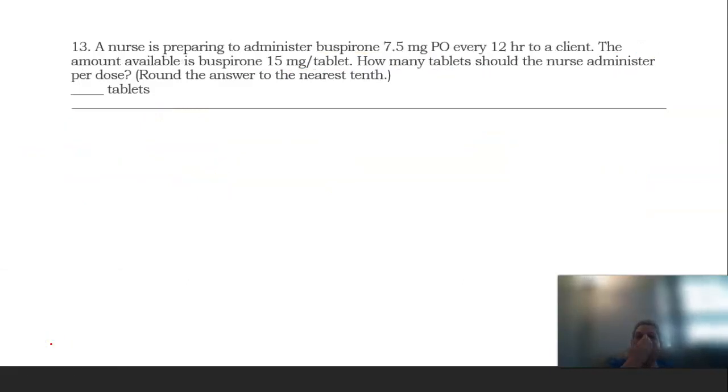All right, next one. Buspirone, which is Buspar, which is an antidepressant drug. Right here, it's saying my tablets are 15 milligrams, but my patient needs 7.5. So what does 15 have to do with 7.5?